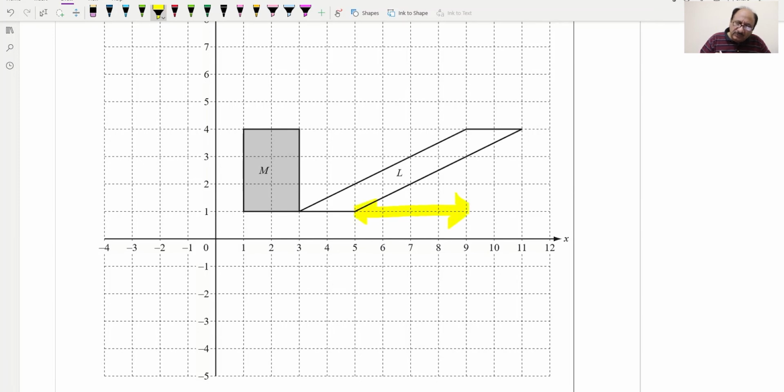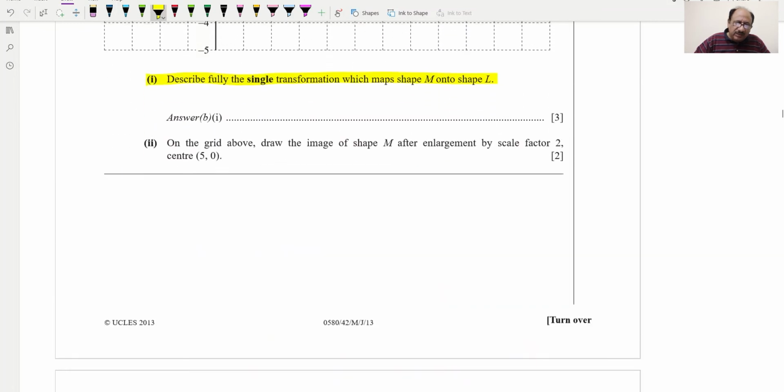I mean, the upper portion is moved only to the right. So we can write this is a shear, x-axis, and by factor 2 we can write here factor 2.